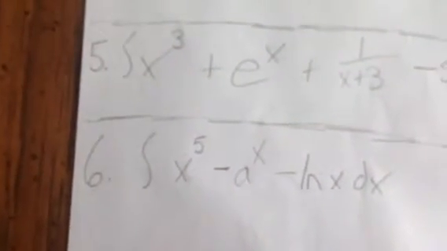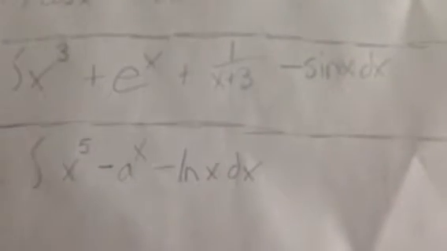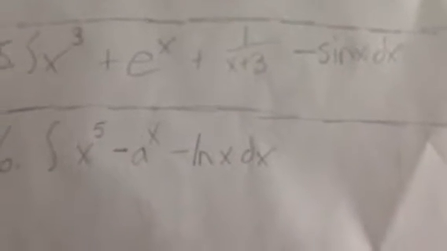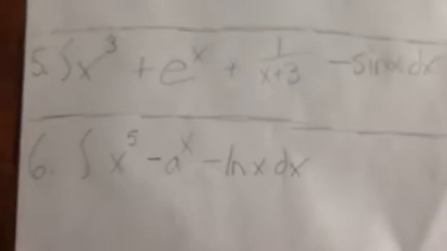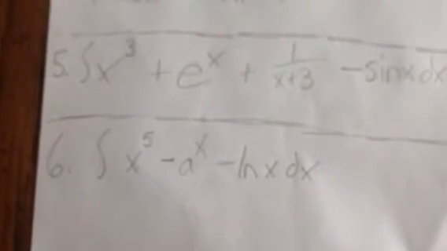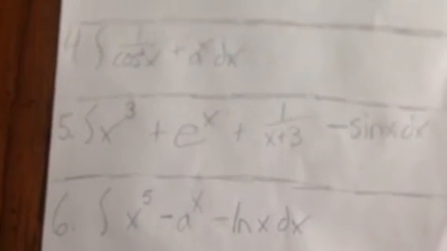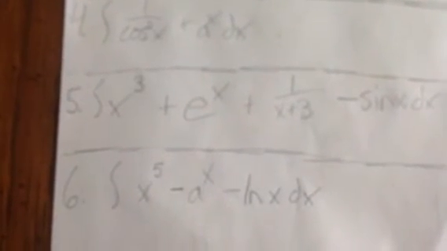And the integral of x to the fifth minus a to the x minus ln of x dx. So basically for homework, I want you to memorize the basic formulas of integration that I showed you earlier and complete these 3 problems. And in class we'll go over them and I'll answer any questions you have.